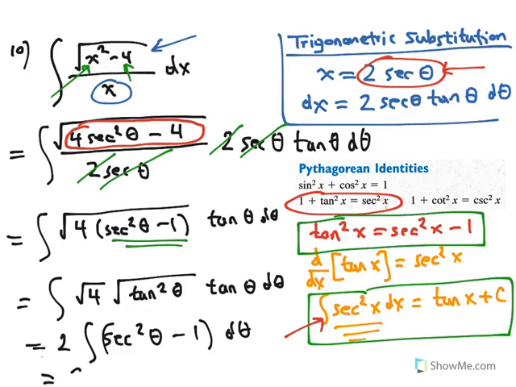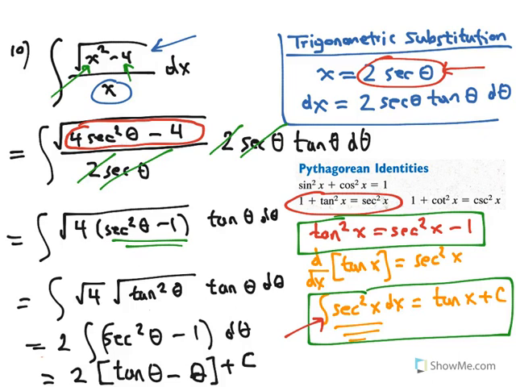With that, I'm able to integrate and write 2 times the antiderivative of secant squared theta, which would be tangent theta, and the antiderivative of 1 with respect to theta is just theta. And then you have plus c.